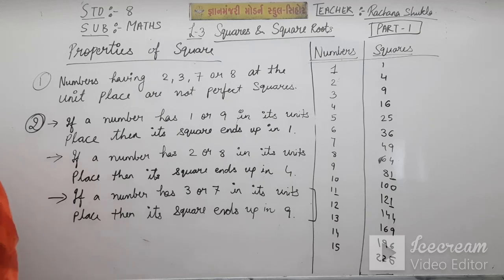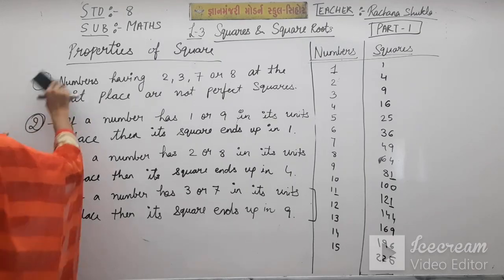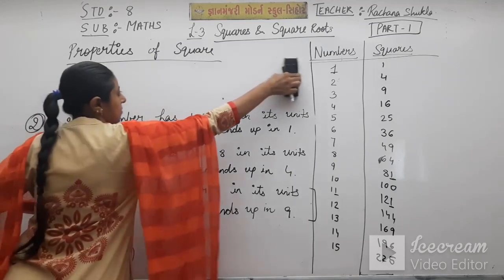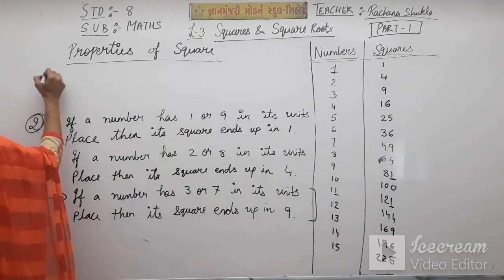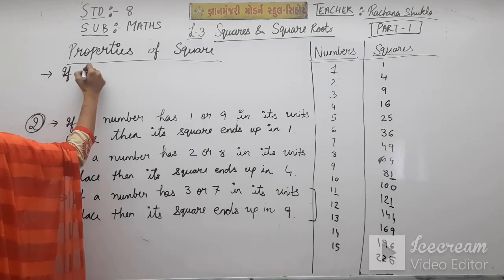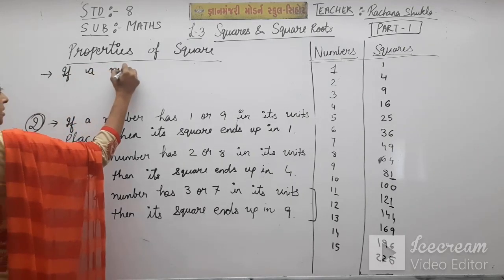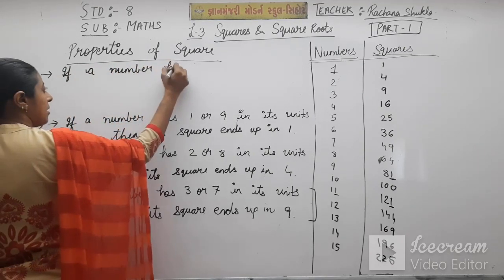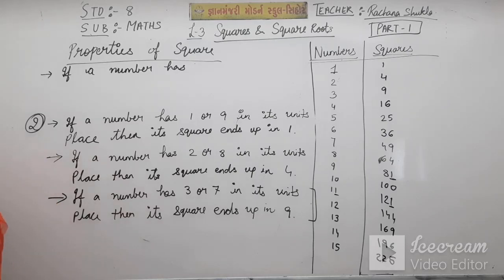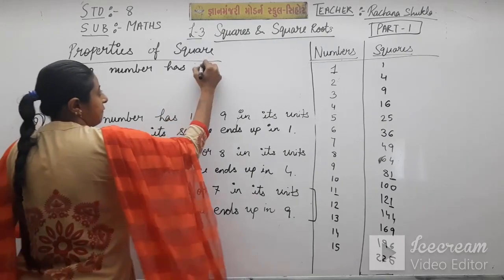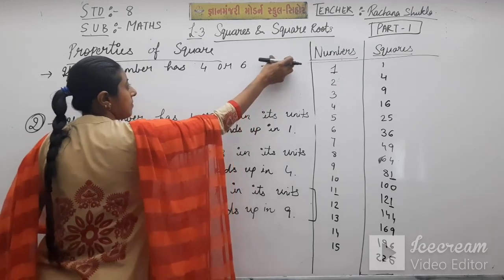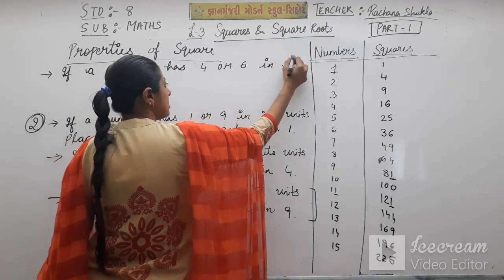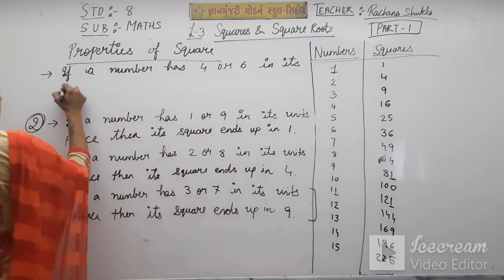Then the next one, I am erasing this. The next one is, if a number has 4 or 6 in its unit place.